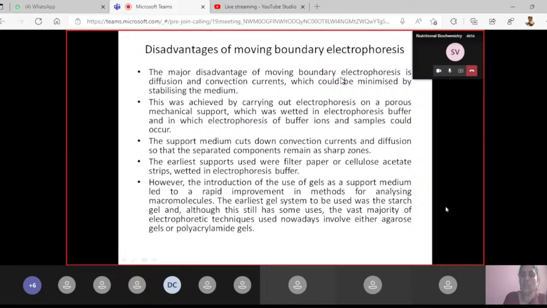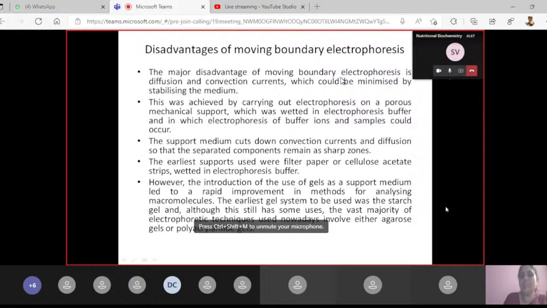So it was not very stable. The molecules loaded were diffusing and there was a lot of disturbance due to the convection current. So they looked for a stable medium on which you can load your sample so that the samples cannot diffuse or the convection currents cannot disturb them.